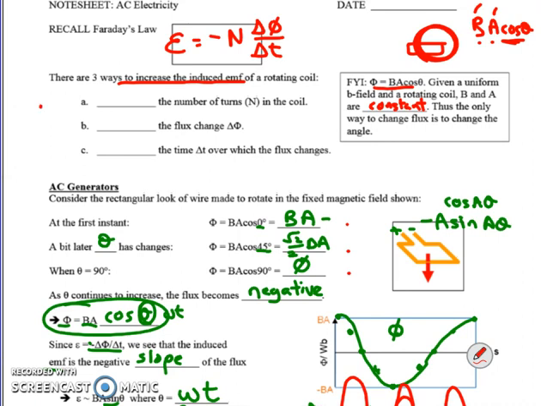If we look at NBA omega sine omega t, it's pretty clear we can increase the number of coils, we can increase the flux change, and we can decrease the time over which the flux changes. That just means increase omega. If you increase omega, you're basically taking care of both of these at the same time.